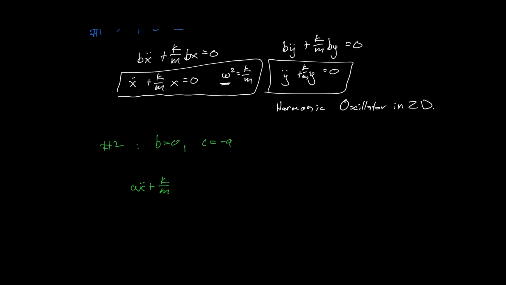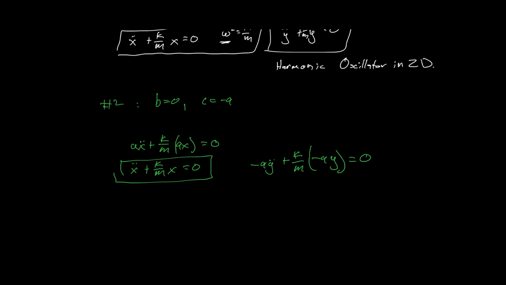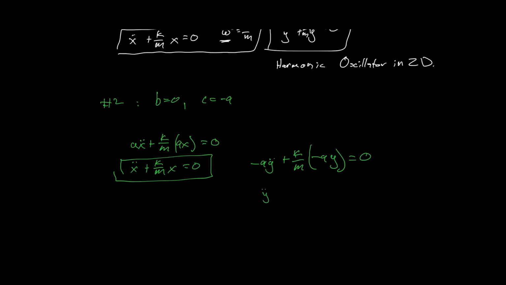Again, you divide out the a and you just get x double dot plus k over m x equals 0. And then you get minus a y double dot plus k over m minus a y equals 0. You can divide by minus a here and you get the same thing: y double dot plus k over m y equals 0.